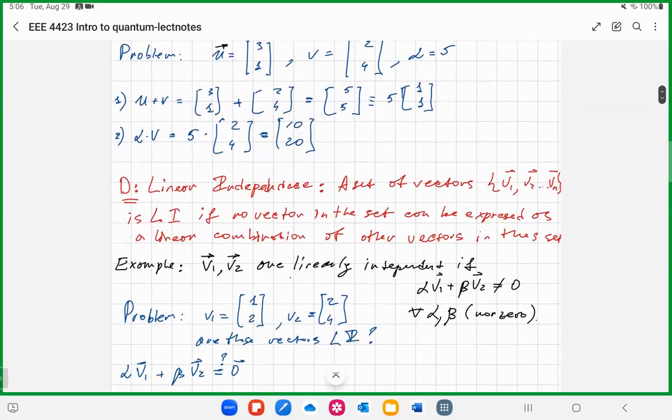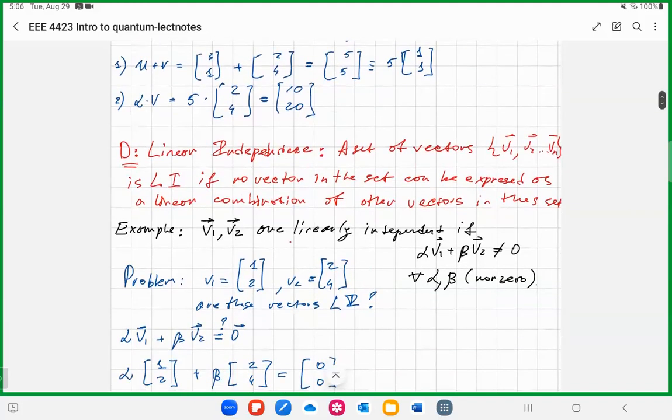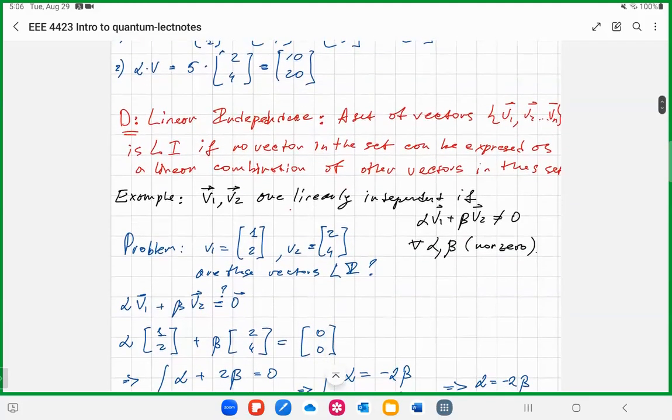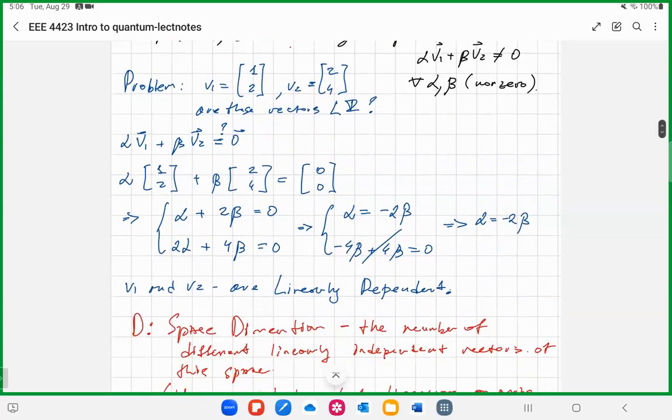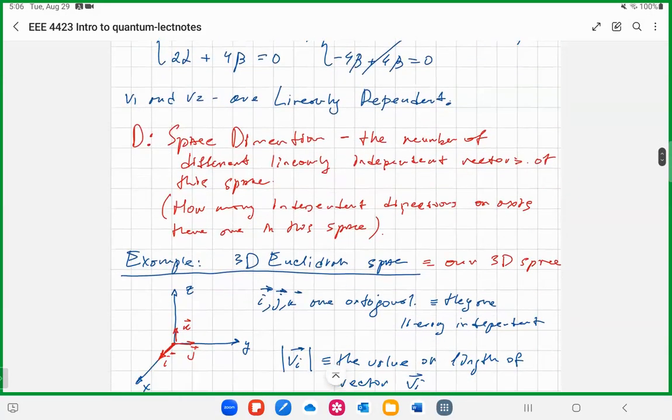Then we introduced this important concept of linear independence of vectors, and through this concept we introduced the dimensionality of space, the space dimension.